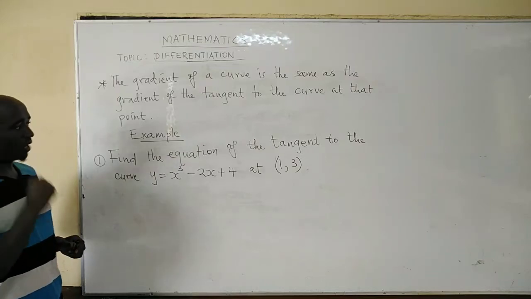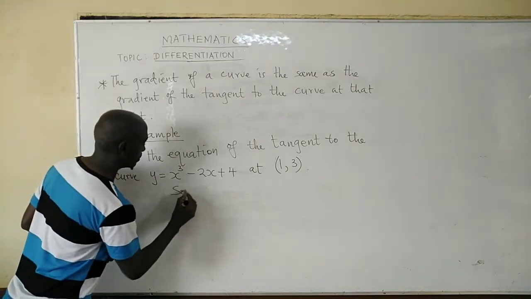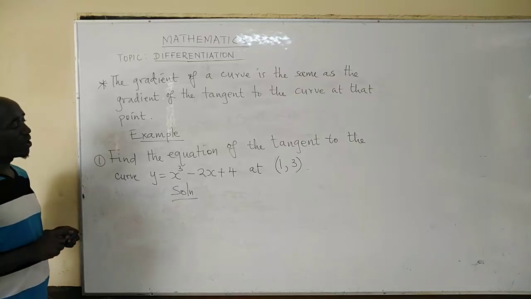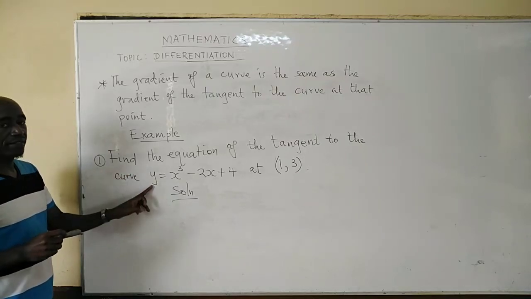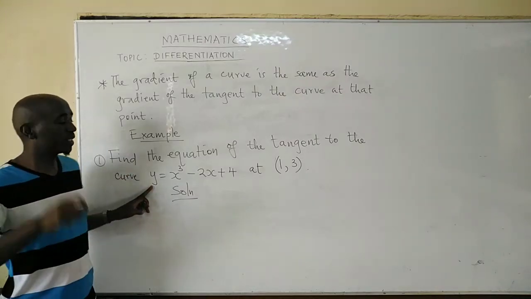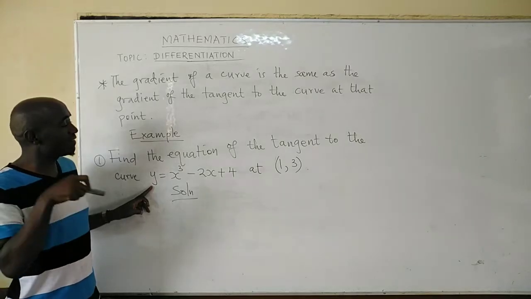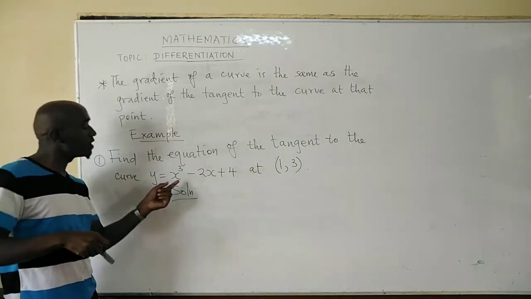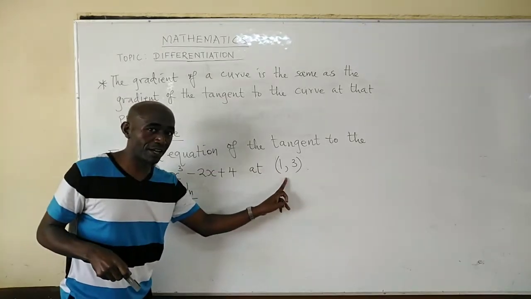So what are we supposed to do? Step number 1, we differentiate in order to get the gradient function, and then that gradient function will give us the gradient of this curve at that particular point.